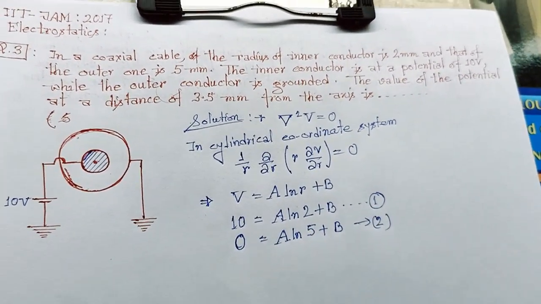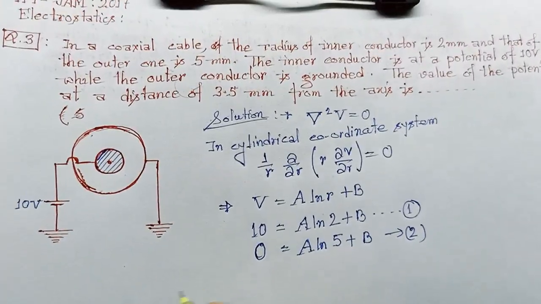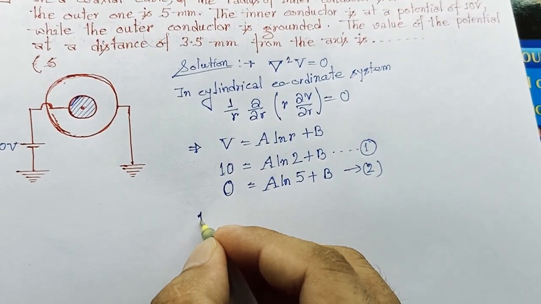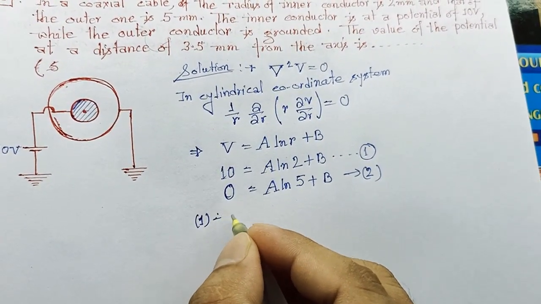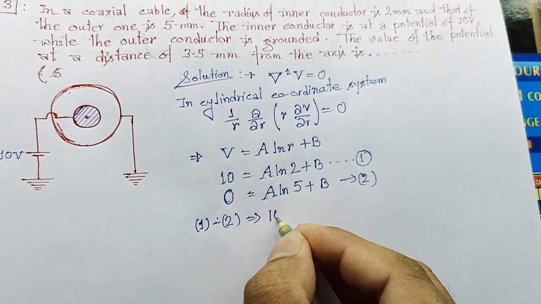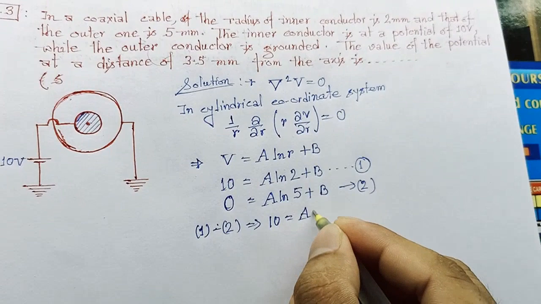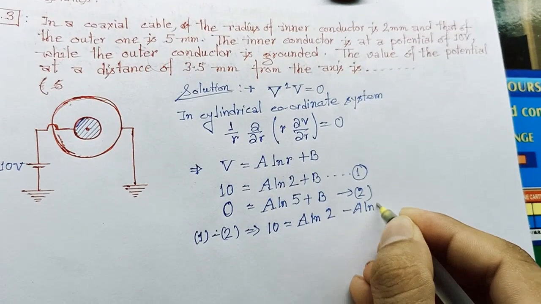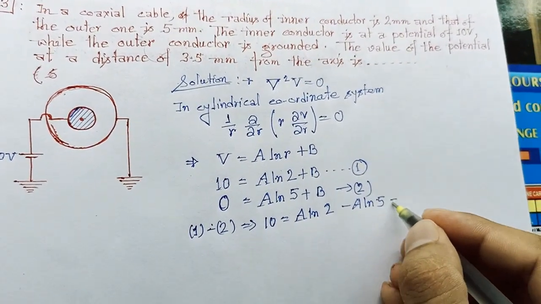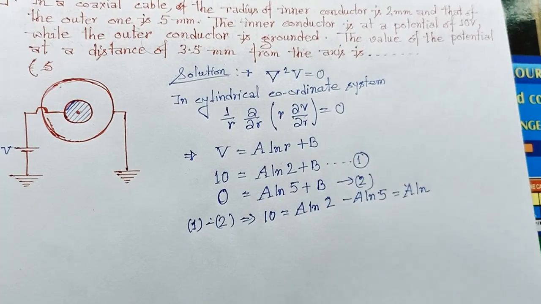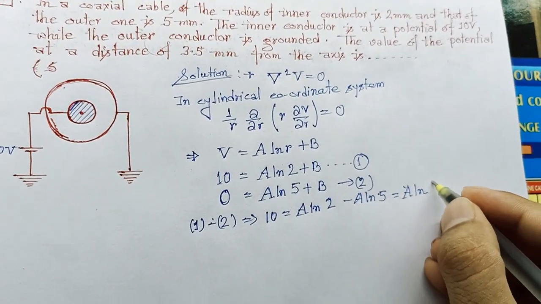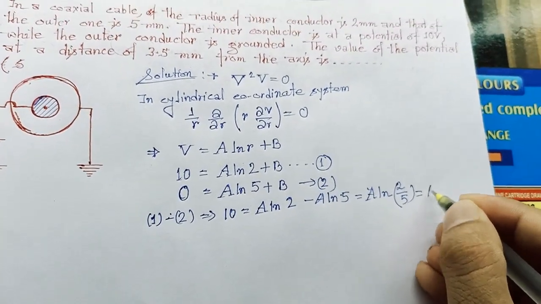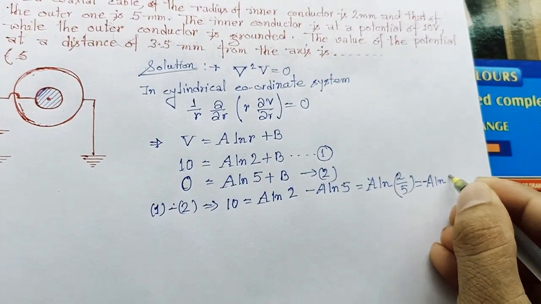Now if we solve equation 1 and 2, so if we subtract equation number 2 from equation number 1, that gives us 10 will be equal to A log 2 minus A log 5. So that will be equal to A log 2 by 5, or this will be equal to minus A log 5 divided by 2.